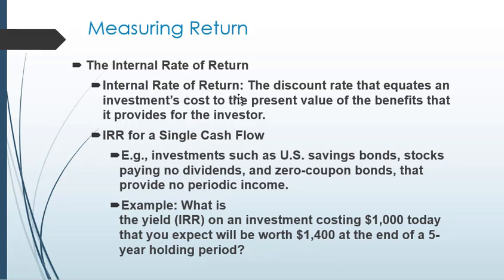Another number to think about is something called internal return. This is the rate of return you earn if you purchase an asset today and you receive all the benefits that you expect to receive, right? So this is basically a question of return.